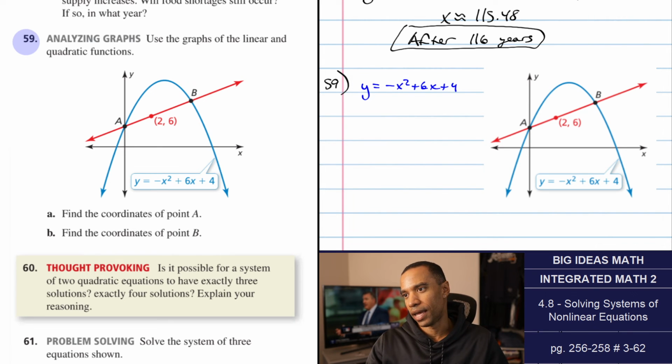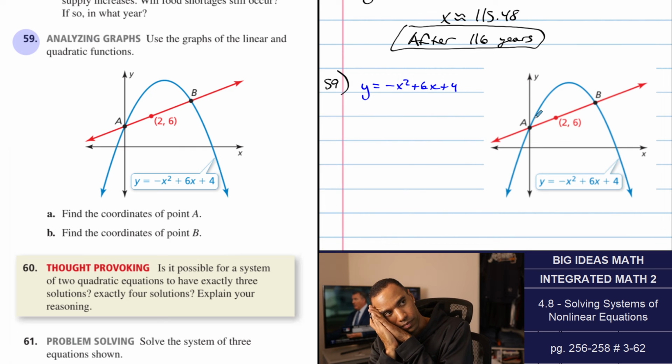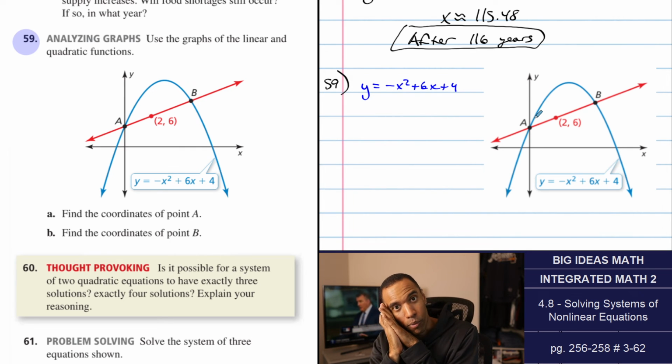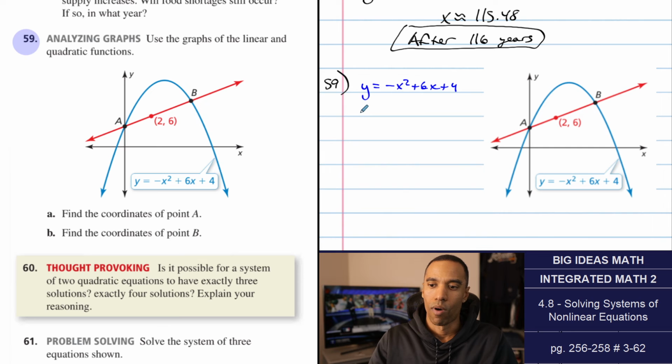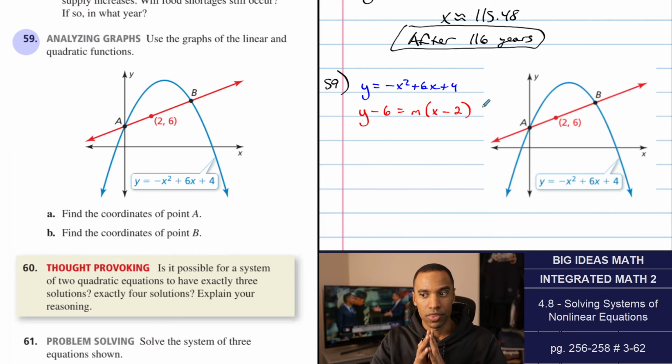Now, the one in red, here's the thing. I kind of like my idea of point slope form: y minus y1 equals m times x minus x1. Those are definitely points that it crosses through. I don't know what the m is yet. I do know that somewhere this line intersects.